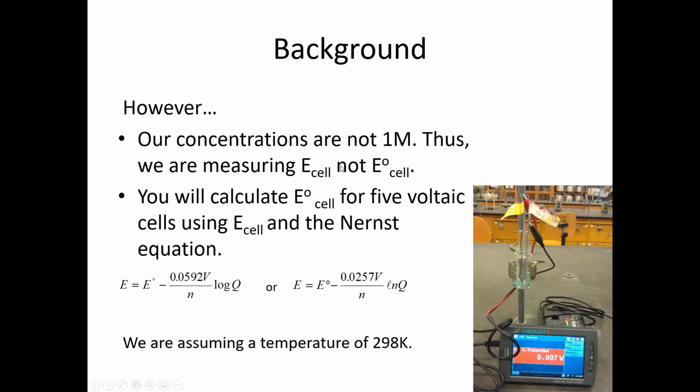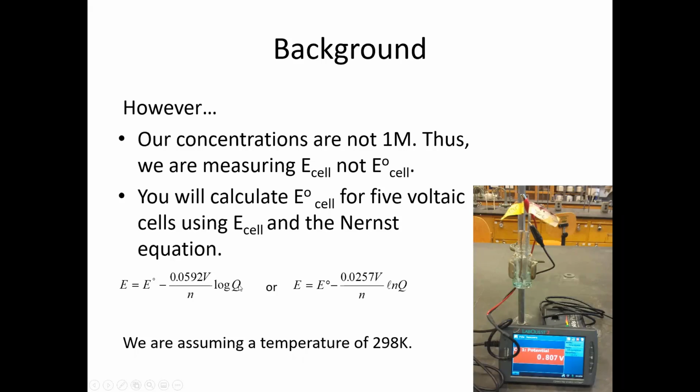We're measuring at 1 atmosphere pressure and room temperature, but not at 1 molar concentration. So in order to calculate E0, that's at the standard condition, we can measure the E value and use the Nernst equation.